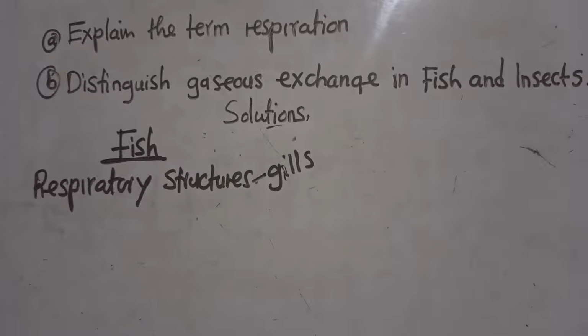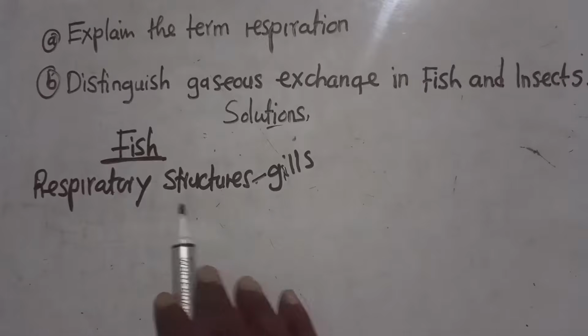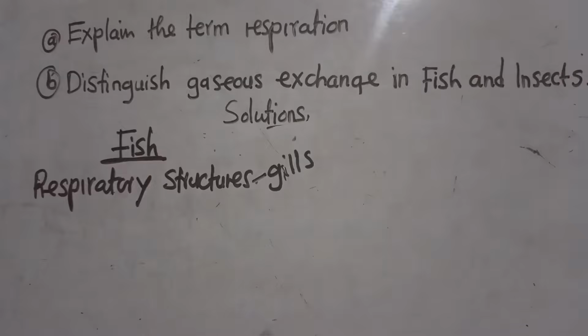So under respiratory structure for fish are gills. This is what you need to understand. You also discover that water flows over the gills in one direction, while blood flows in the opposite direction.